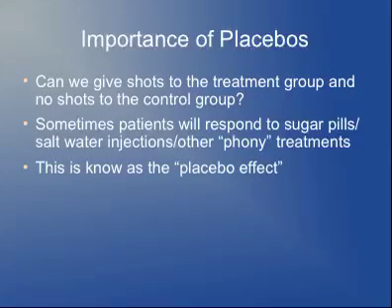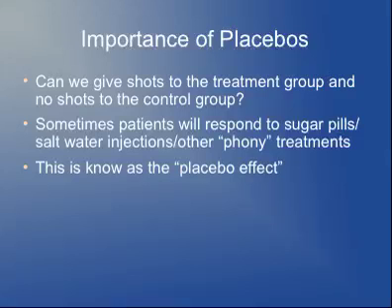And the next aspect of experimental design is the importance of placebos. You might think, okay, well, this is easy enough. We have a treatment group and a control group. We'll give polio shots to the treatment group. We won't give polio shots to the control group, and we'll see if the treatment group has lower incidence rates of polio.